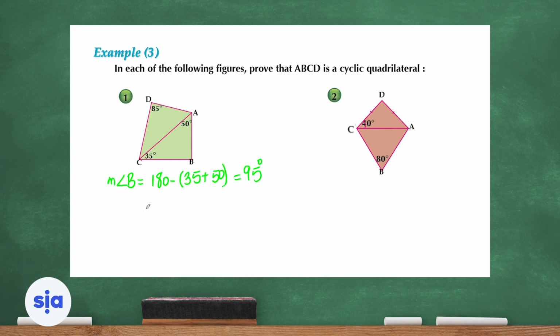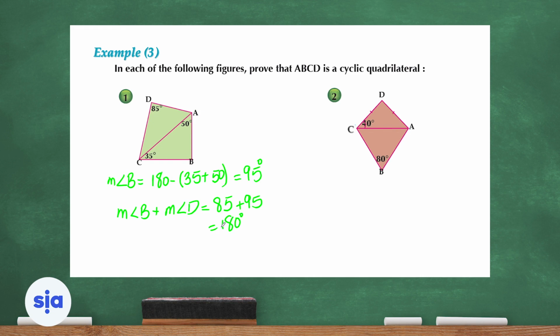If we add angle B with angle D, you will see that the measure of angle B plus the measure of angle D, these are the two opposite angles, is 85 plus 95, which is 180 degrees.